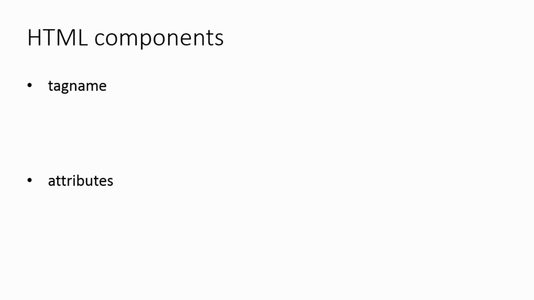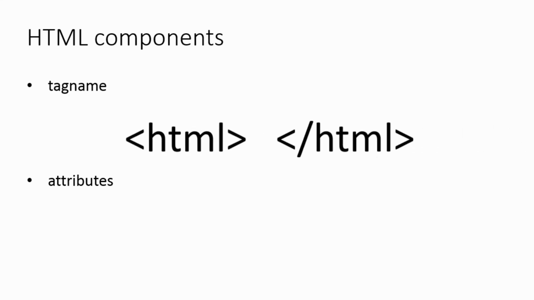Before we go through HTML code, let me show you some of its components. The basic components of HTML are its tag name and attribute. What is an HTML tag name then? An HTML tag is simply a tag that we write in the HTML page code. A simple example is the start of HTML and the end of HTML.